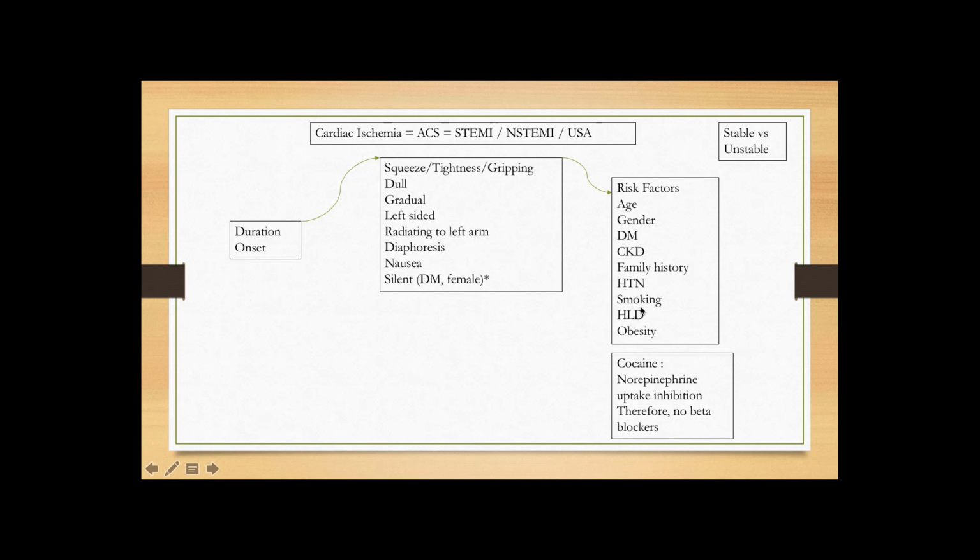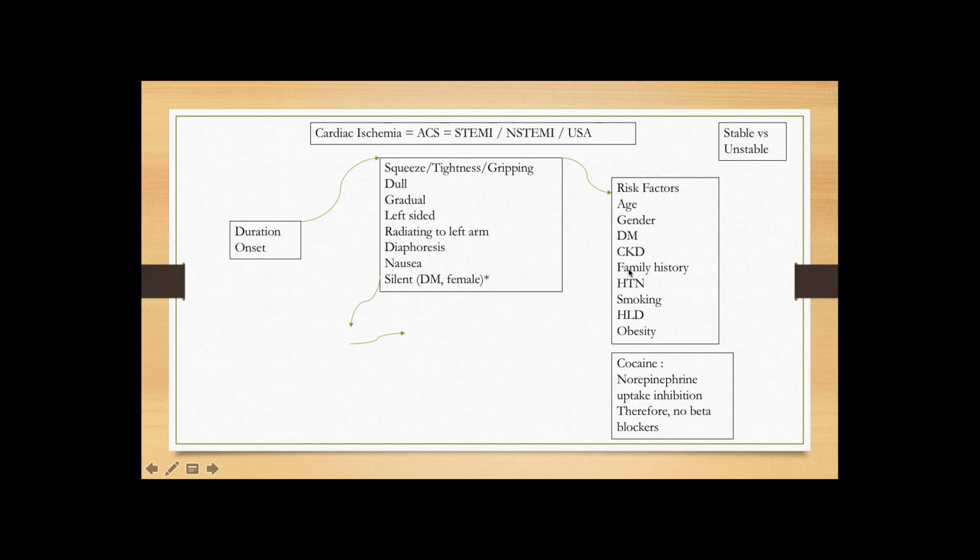Therefore, if you have to pick your battles between smoking and cocaine, you should ask the patient to quit tobacco smoking. Another thing to keep in mind is that we don't have any studies to show. There is no data telling us if cocaine has any long-term effects or not. So the jury is still out there for this. All right, so this was as much as about risk factors.